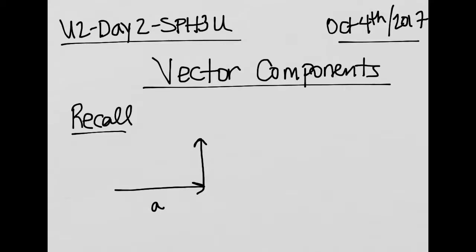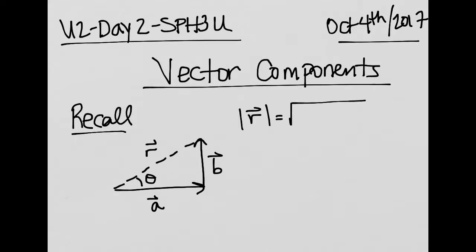So there's vector A plus vector B equals vector R, and vector R we found by determining the magnitude of the hypotenuse, using the Pythagorean theorem, and then the angle was the inverse tan ratio of the two sides. So that's how we found the magnitude and the direction of vector R.